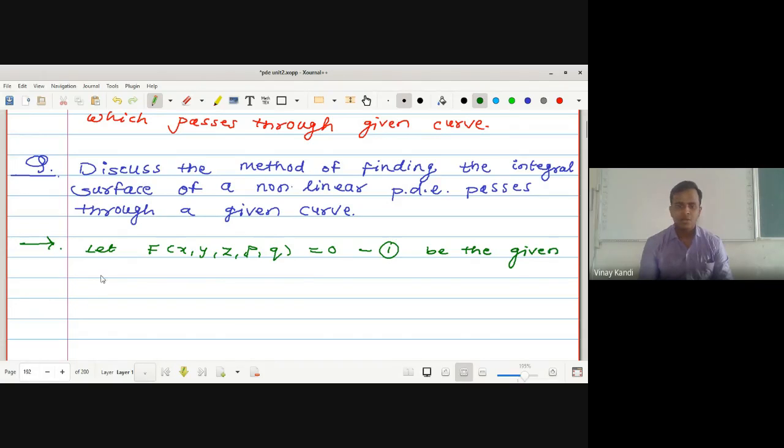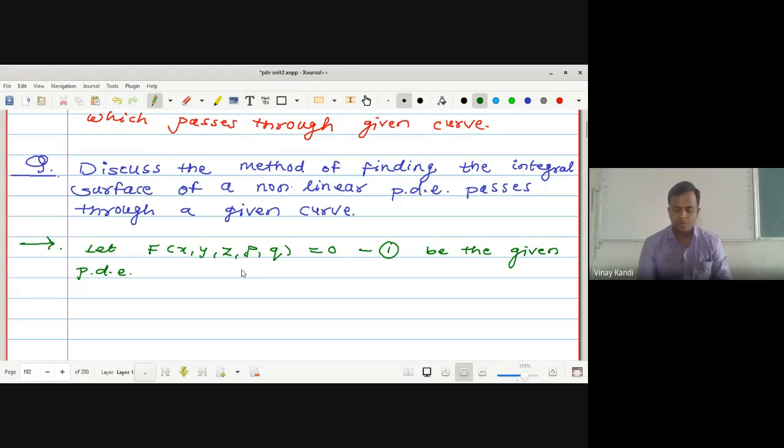If the given partial differential equation is non-linear, we know how to find the complete integral of equation 1. There are two methods to solve it if it is non-linear: Charpit's method and Jacobi's method. By these we find the complete integral of the given partial differential equation.